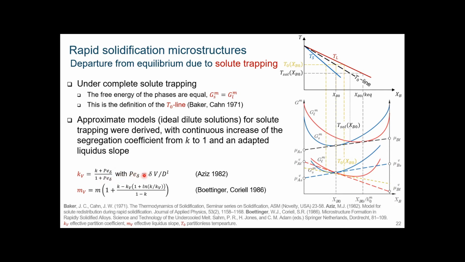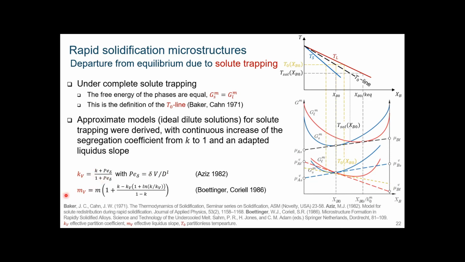And this Peclet number is delta V over D. So delta is the thickness of the diffuse interface, V the velocity, and D_L the liquid diffusion, or the typical diffusion coefficient within this diffuse interface. So if the velocity increases enough, all this quantity tends toward 1.